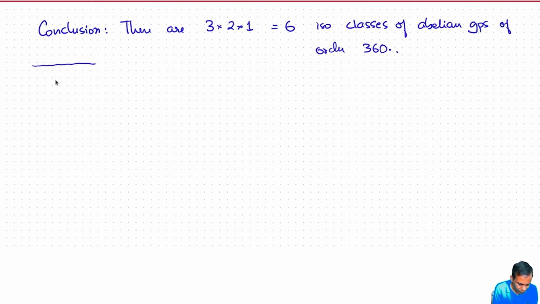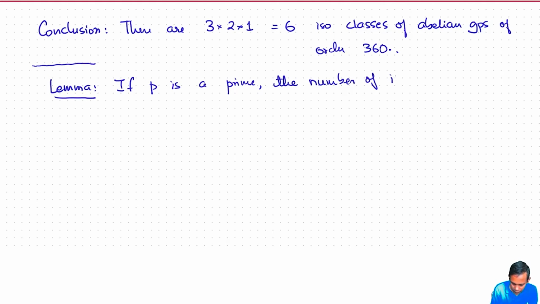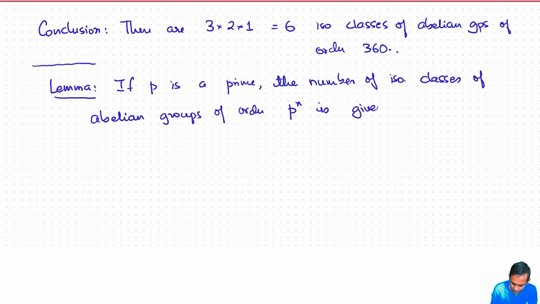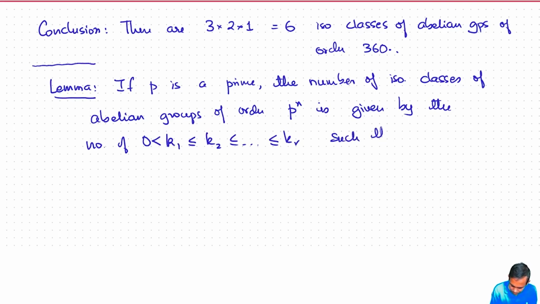If P is a prime, the number of isomorphism classes of abelian groups of order P to the power n is given by the number of sequences K1 less than or equal to K2 less than or equal to KR, and these have to be positive, such that K1 plus through KR add up to n.